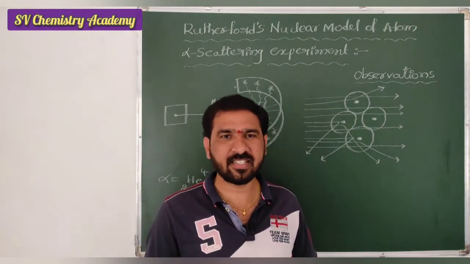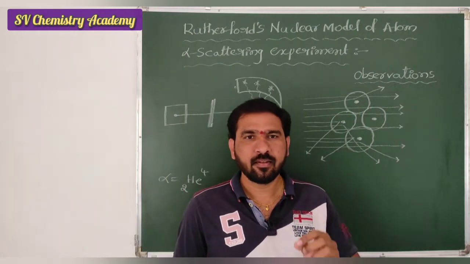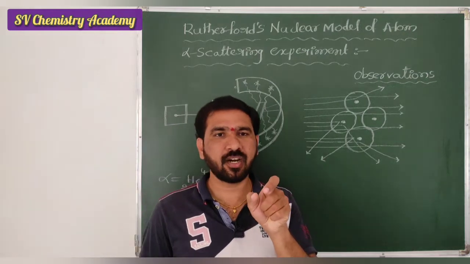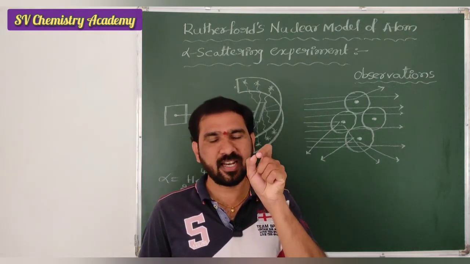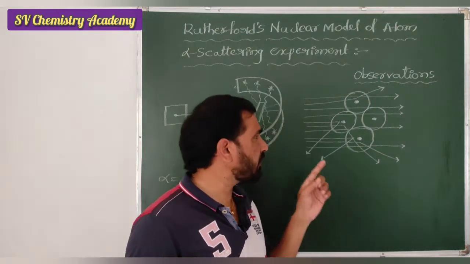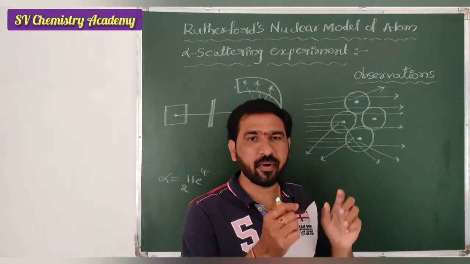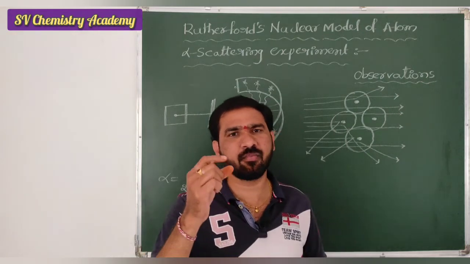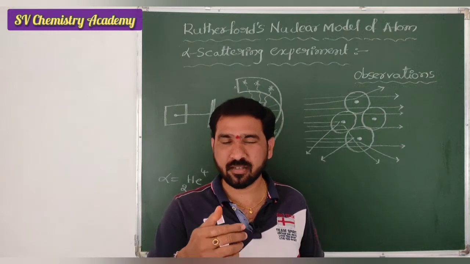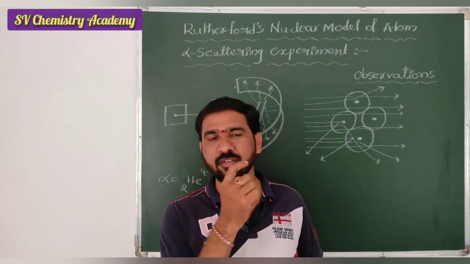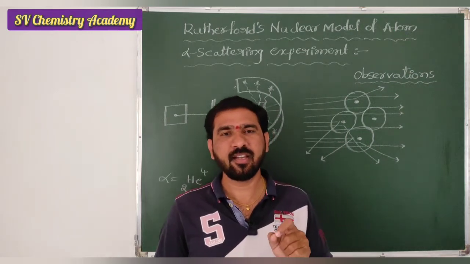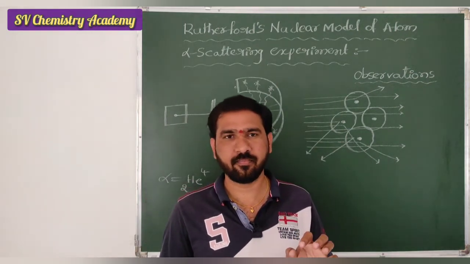That indicates some region having positive charge at the central point of the atom. When alpha particles pass near the central point of an atom, they get deflected by a small angle. It means the central point of an atom has positive charge.